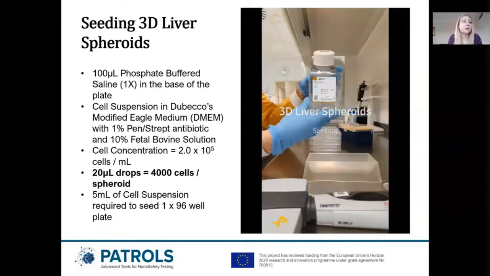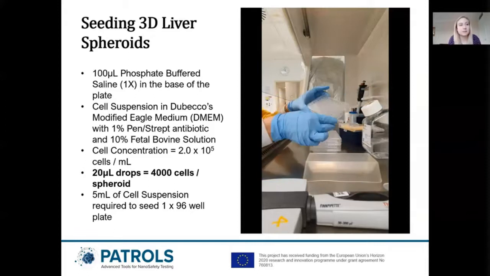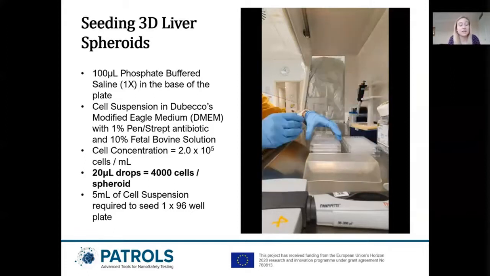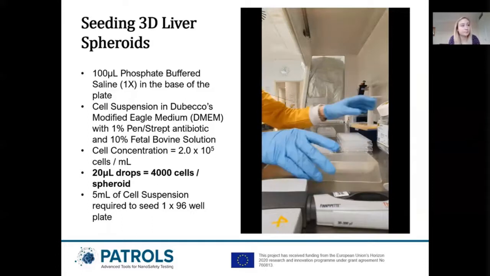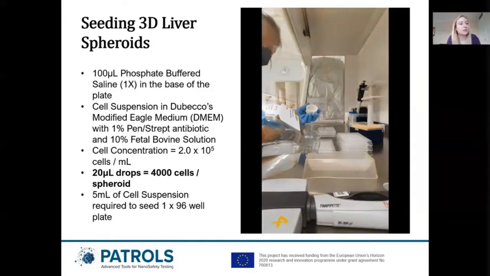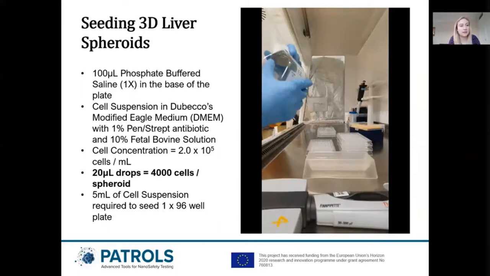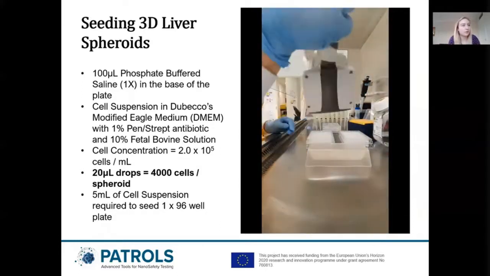Initially, we add PBS to the base of the plates to maintain hydration and ensure that the spheroids do not dry out during the 3-day formation process. You need 100 microliters of PBS, which will be added to the base of the plate.